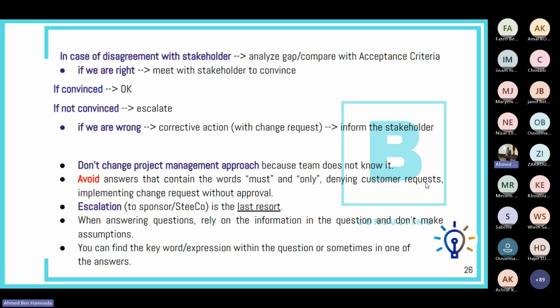We don't deny customer requests. Usually we pay attention to customer requests and we give them priority. So if there is any answer that indicates denying customer requests, try to avoid it. Also avoid answers that include implementing a change without approval. We don't implement changes without getting the approval.